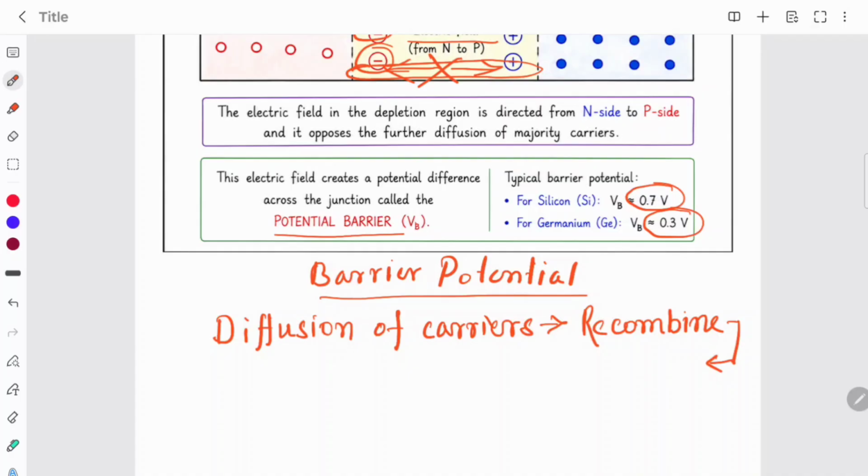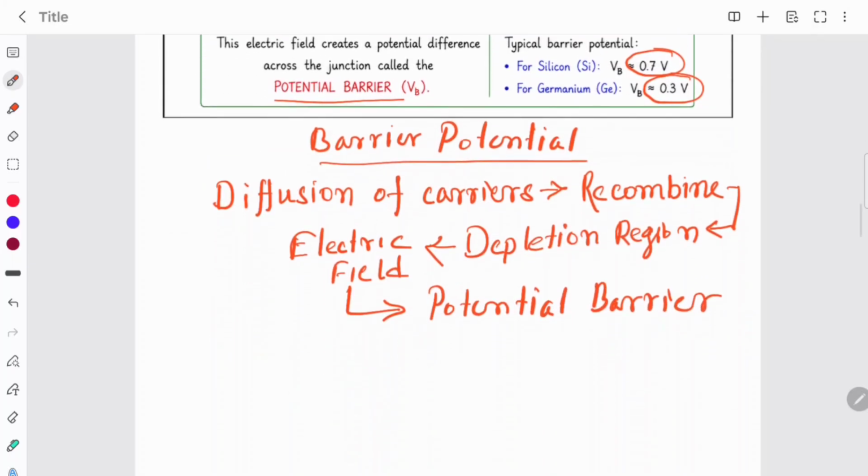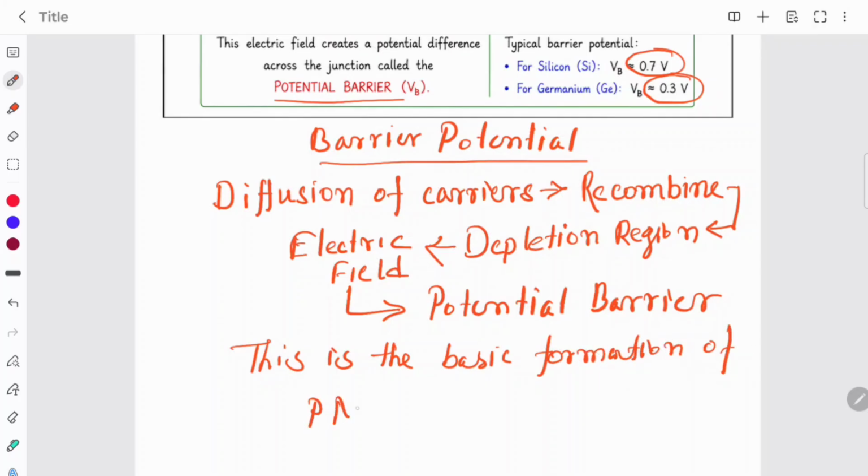After that, there is a depletion region, then electric field, then potential barrier. So this is the basic formation of the PN junction diode.